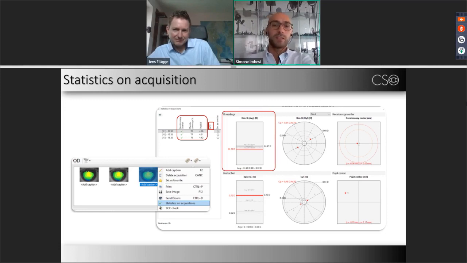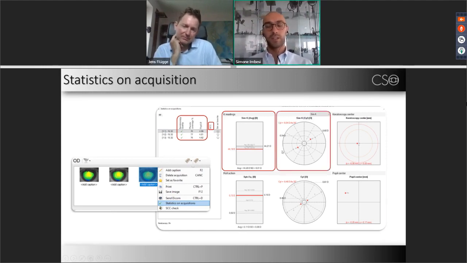Another thing that is reported in our quality acquisition summary is the standard deviation of SCHWIND. Your goal will be to have the lowest standard deviation possible. This means that you had great repeatability of the measurement of SCHWIND.